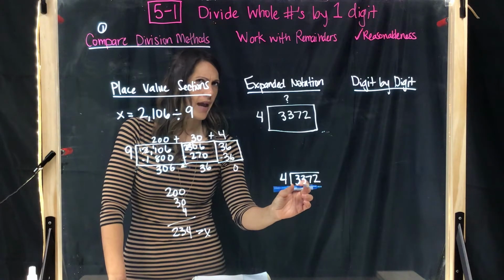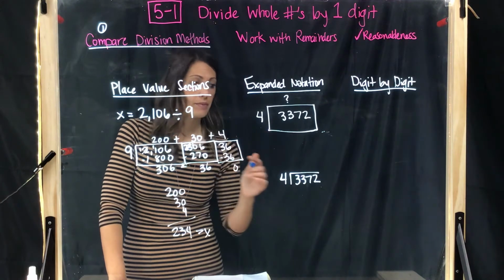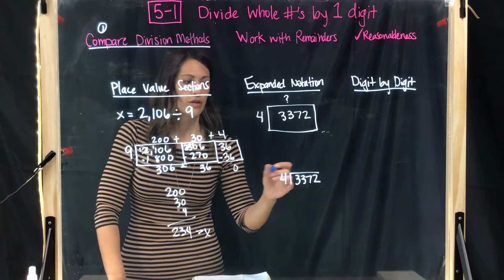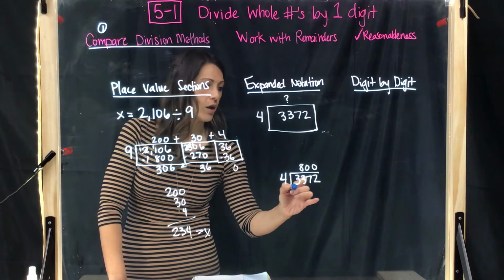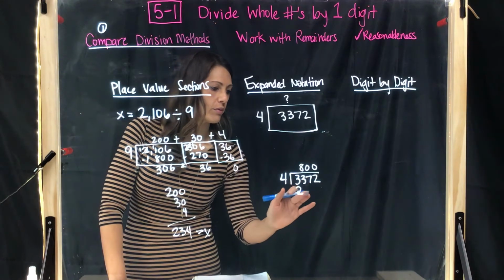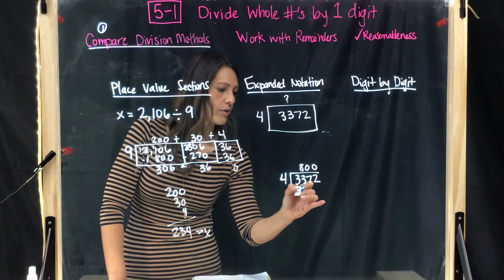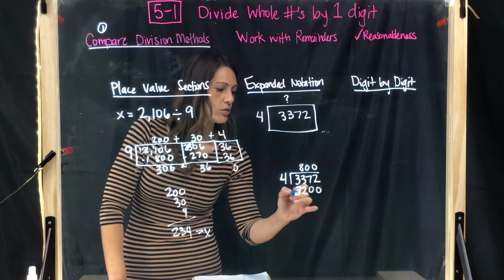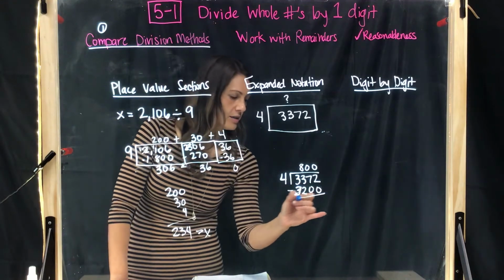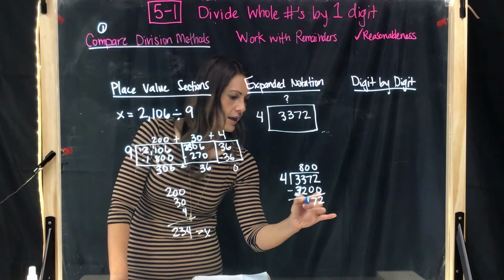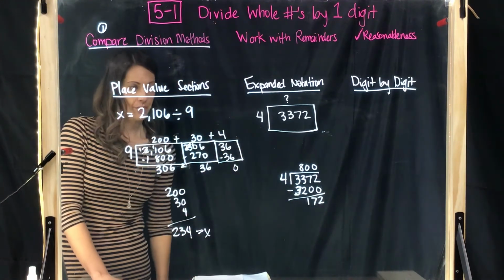So, oh wait, 8 times 4 is 32. Whoops. So if 8 times 4 is 32, then 800 times 4 will be 3,200. Now subtract that. I get 172.